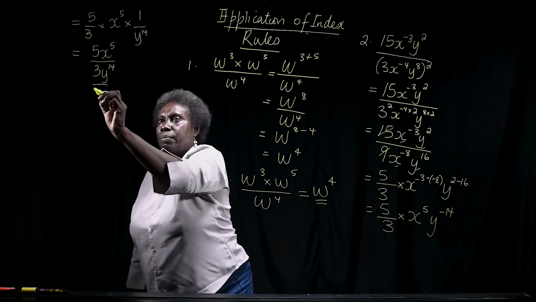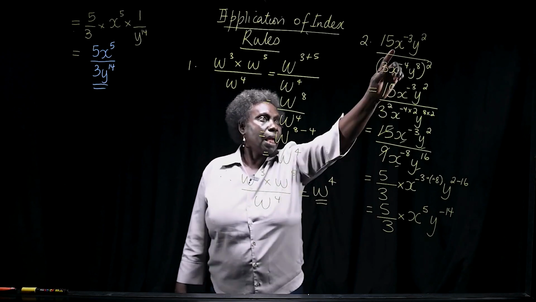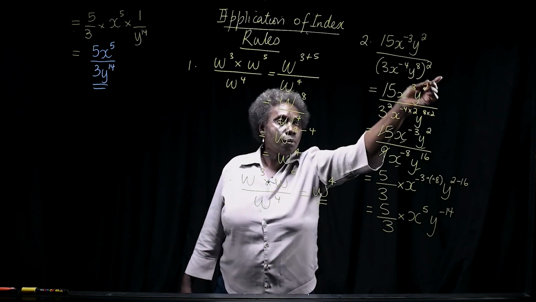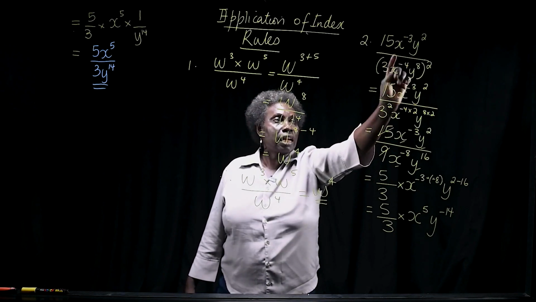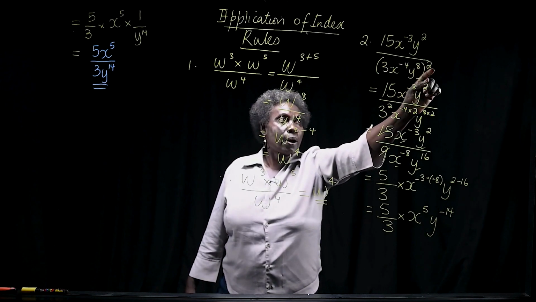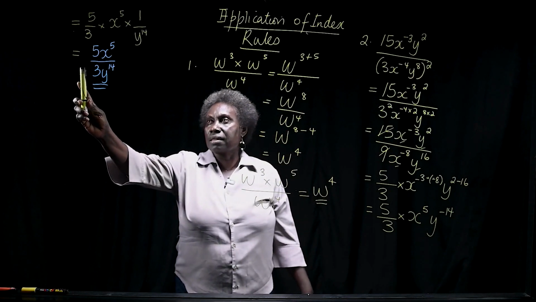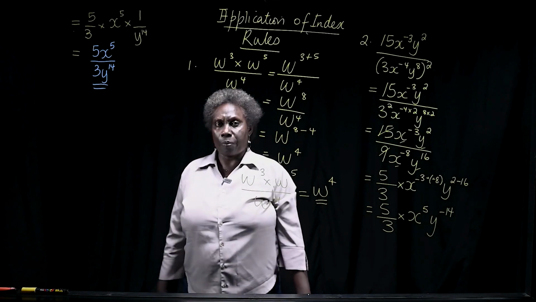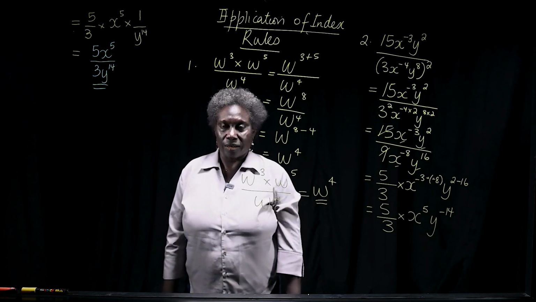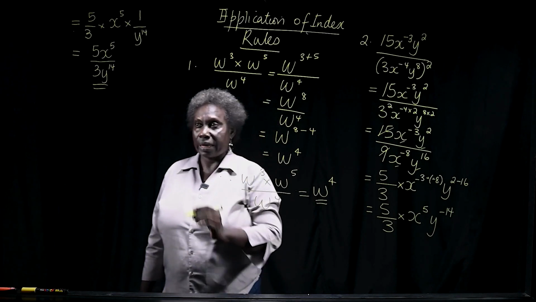So that is my final answer for 15x to the power of negative 3 y to the power of 2 over 3x to the power of negative 4 y to the power of 8, all raised to the power of 2. When we simplify that, it gives us this answer here, 5x to the power of 5 over 3y to the power of 14. Okay. Let's look at one last example on fractional index.